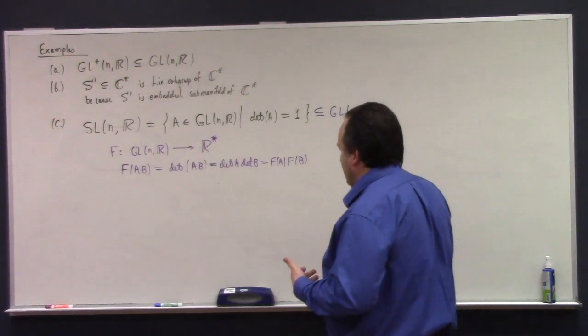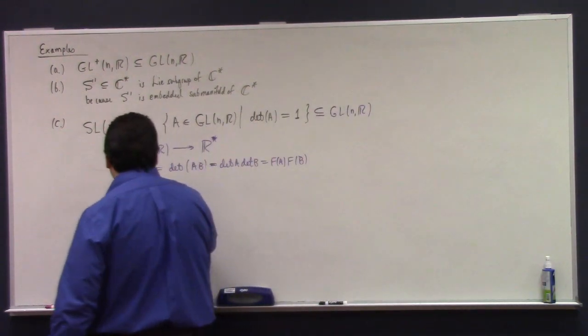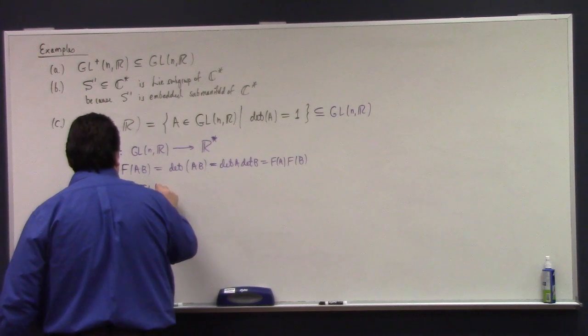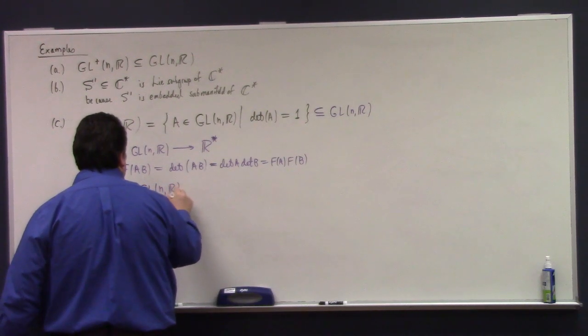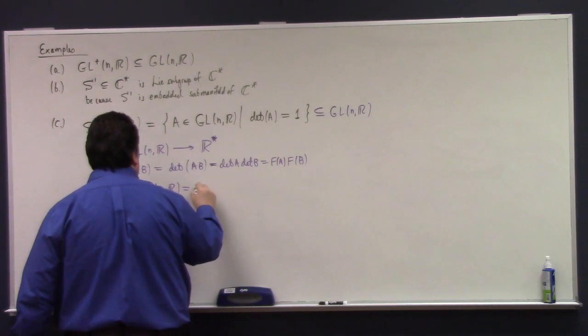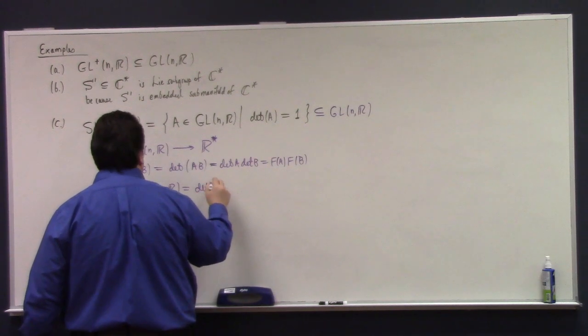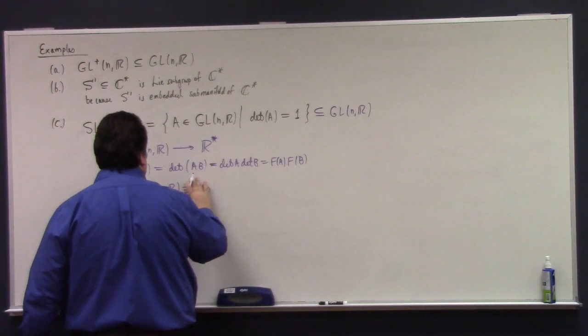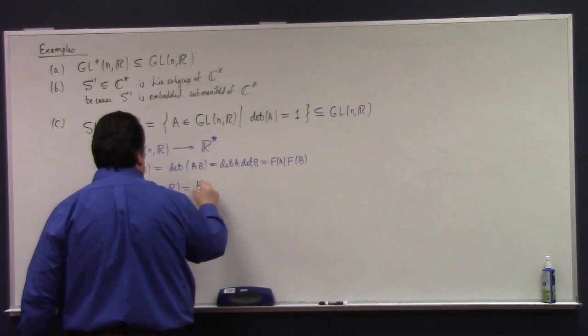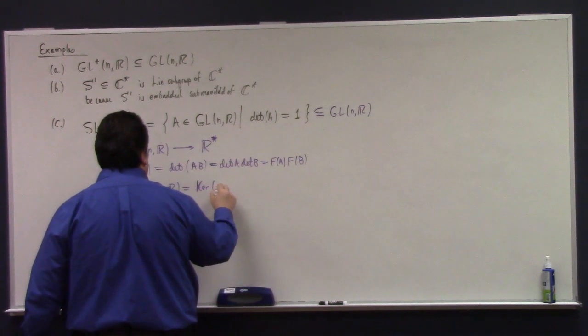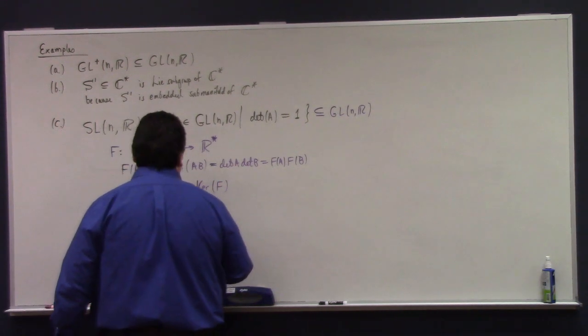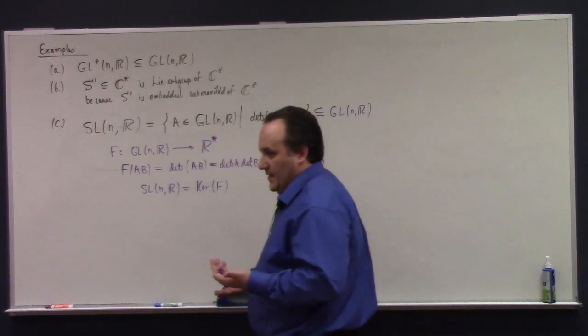And notice that SL_n(R) is what, actually? Can you recognize what it is? It is the inverse image under the determinant. Let me just get to the point here. It's the kernel of f. It's the kernel of the determinant map.